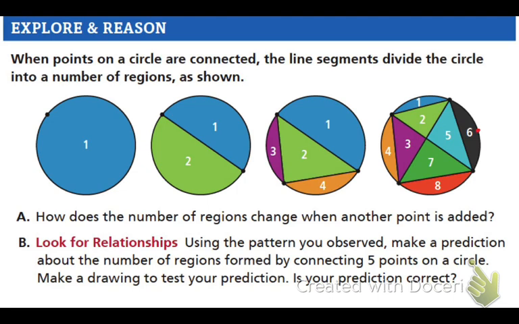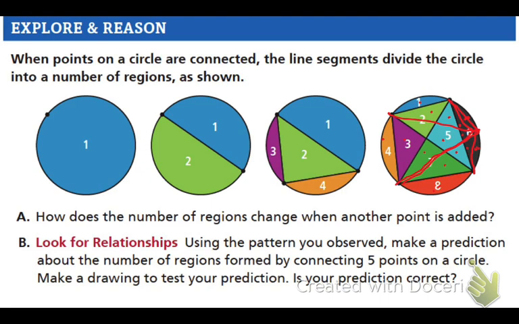Okay. So if I add a point there, it looks like every other point needs to connect to that point, correct? So this one would need to go there, this one would need to go there, this one would need to go there, and that one would need to go there, right? So we got 1, 2, 3, 4, 5, 6, 7, 8, 9, 10, 11, 12, 13, 14, 15, 16.